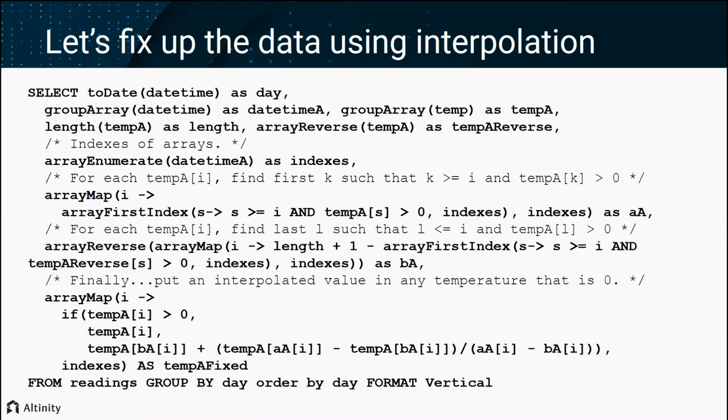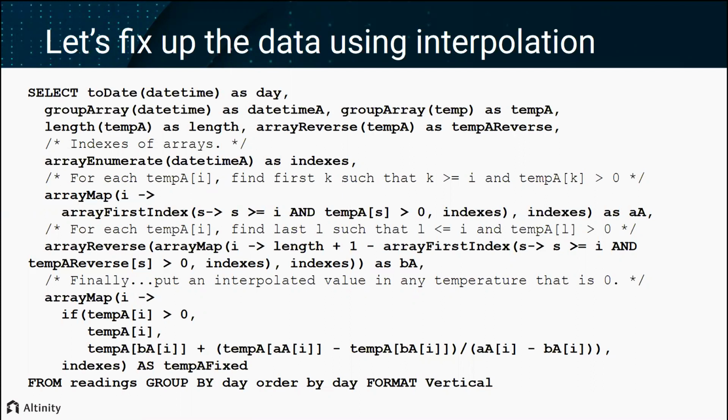And the first one is fairly easy. We're going to find the first value above the one we're looking at that is non-zero. So for each temp A, find the first case such that, if you're familiar with manipulating indices, this seems fairly straightforward, and this is actually not a hard query to understand.